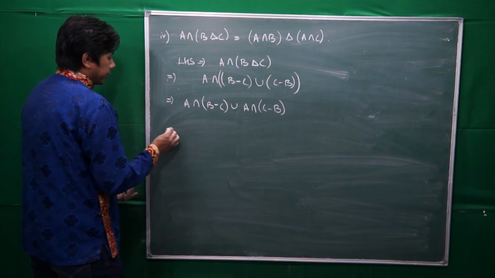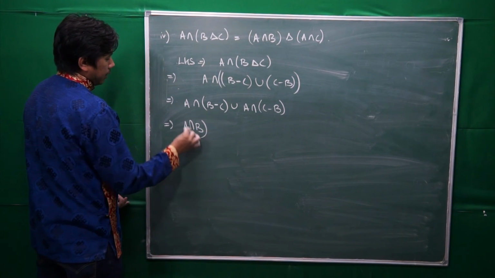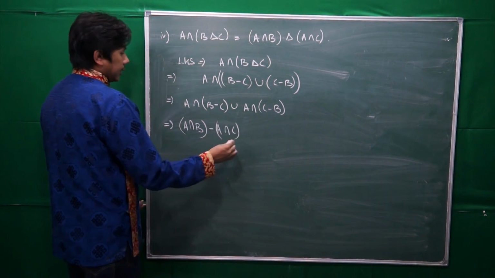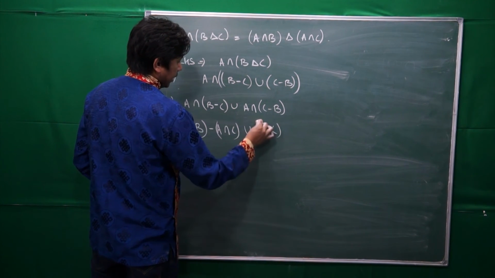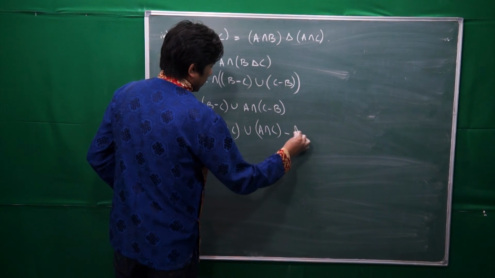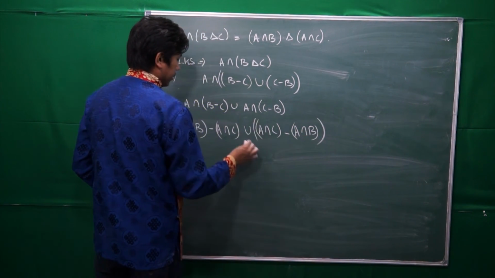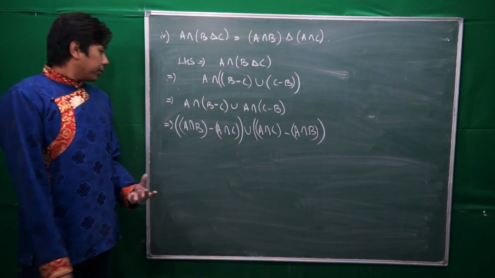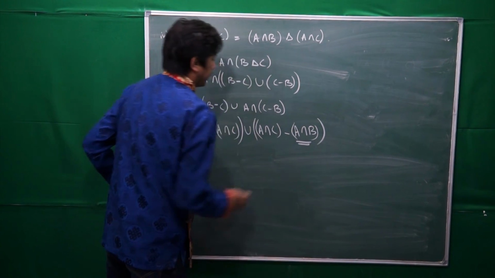Again, further distributing it, A intersection B minus A intersection C union with A intersection C minus A intersection B. Now you can see clearly A intersection B and A intersection B is over here.